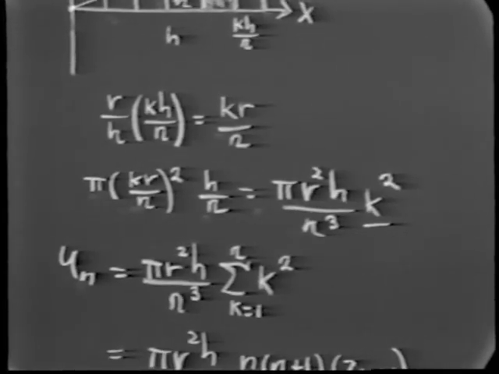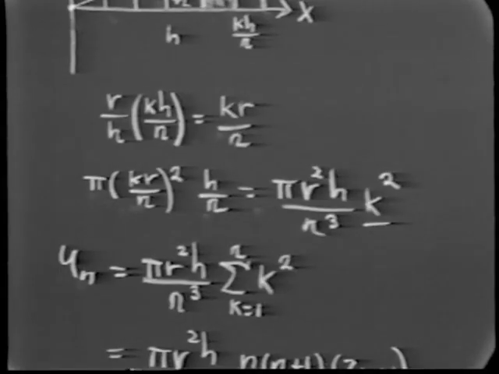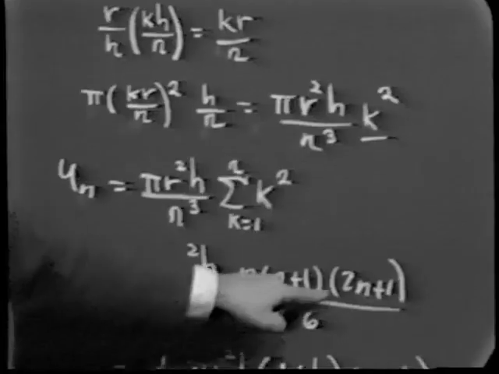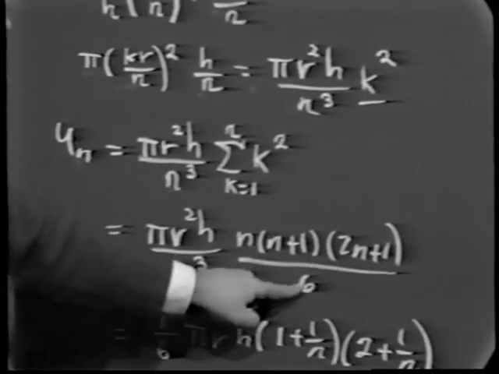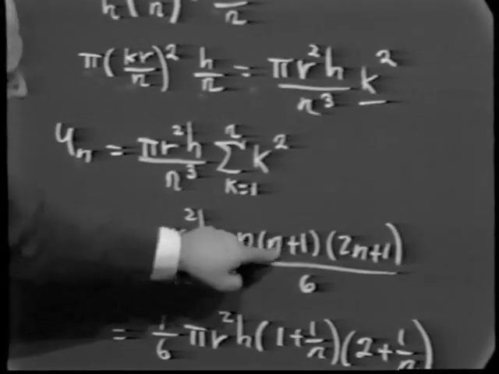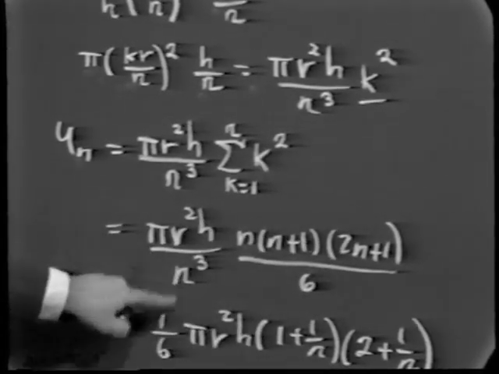The beauty, or one of the beauties, of our fundamental theorem. But the idea is, I do know that this sum is n times n plus 1 times 2n plus 1 over 6.